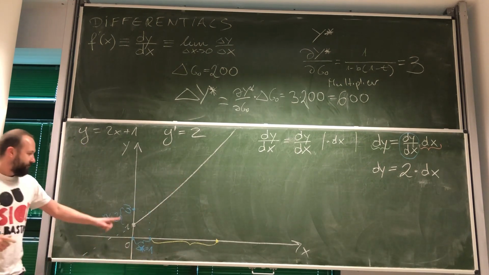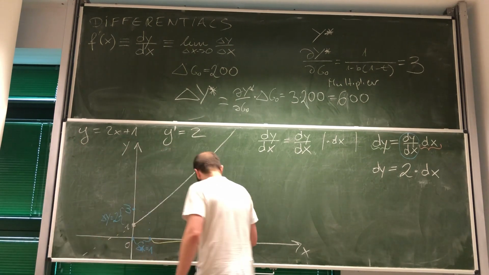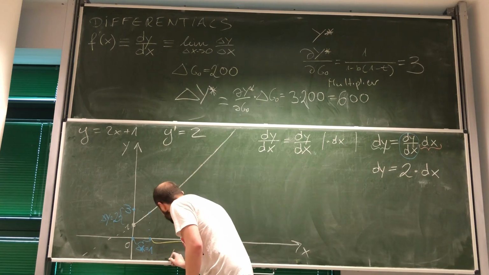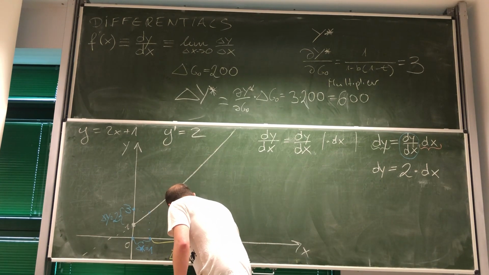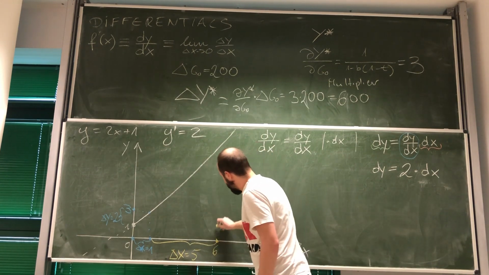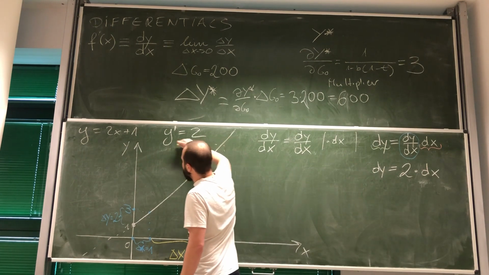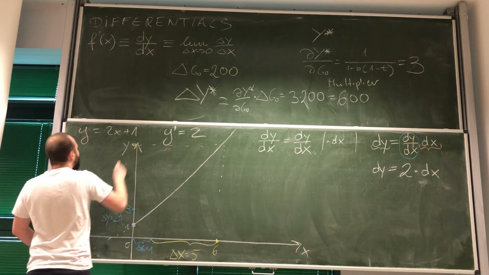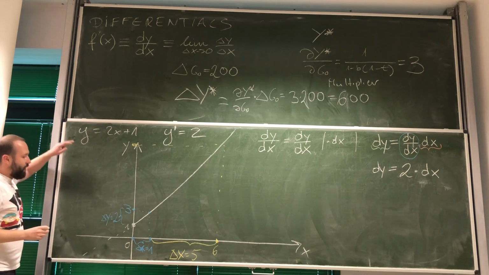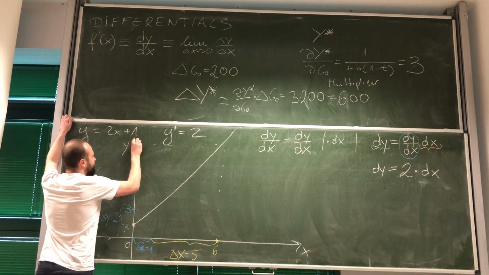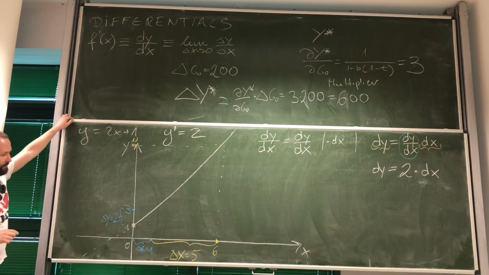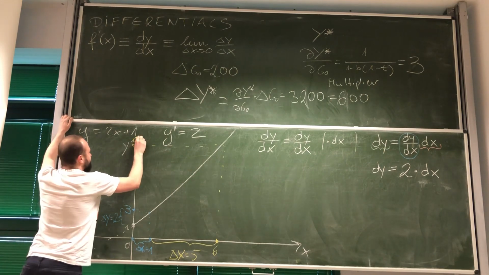And look, now, if x increases, let's just say from 1 to 6, which means that delta x is equal to 5. Then we can easily find the corresponding value of y, which is going to be 13.